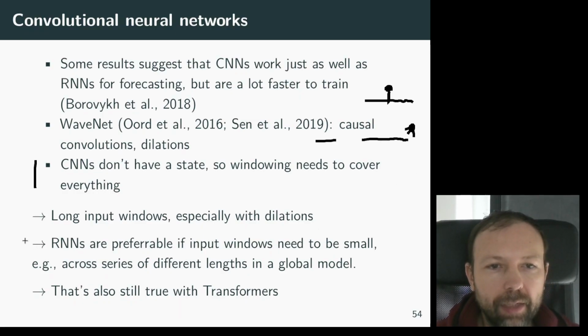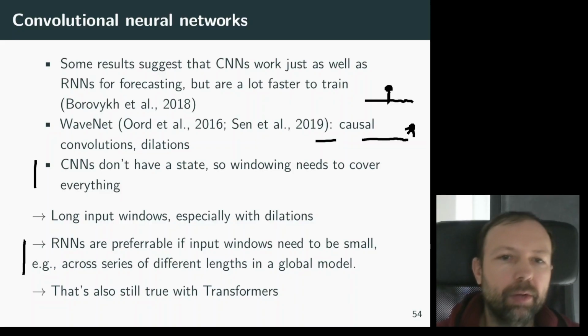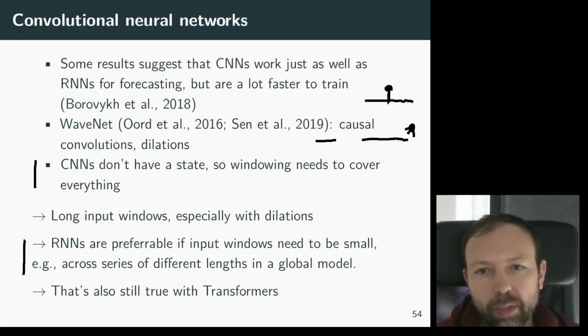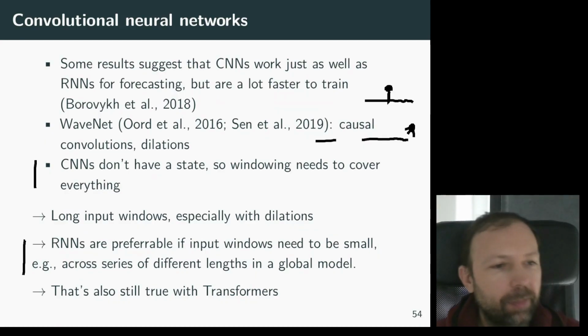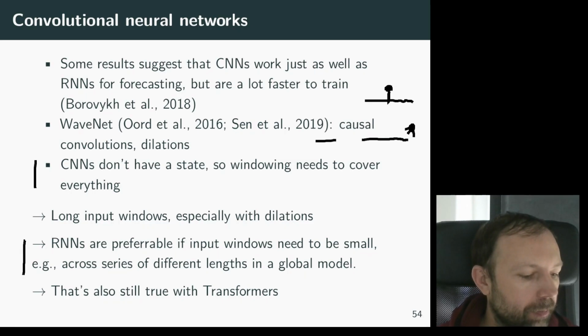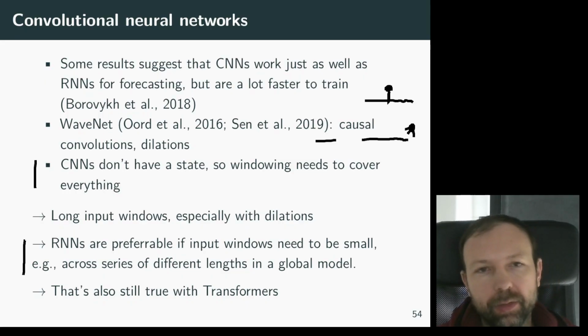And what that means is that there are some situations where RNNs are still quite preferable. Namely, if input windows need to be small, because then you still have the state that can remember something outside of the input window. So for example, if you train a global model on series with very different length. Let's say you have a problem where you model household energy consumption.